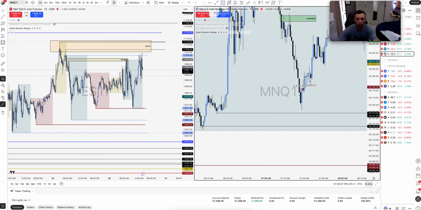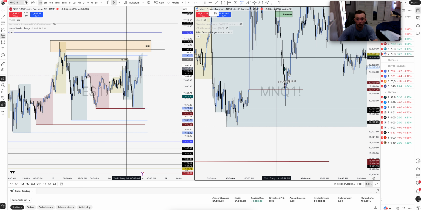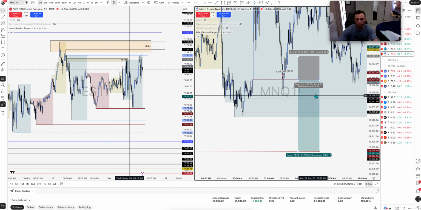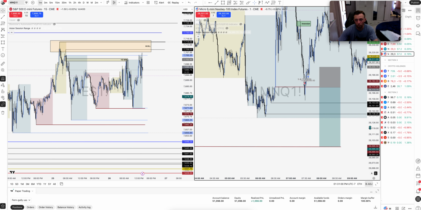I was looking for price to continue going lower to the downside, targeting Asia right here. And it looked something like this. I had my stop right around, I don't know, like something like that. Targeting right here. You can see 2.92 right around a 1 to 3 R.